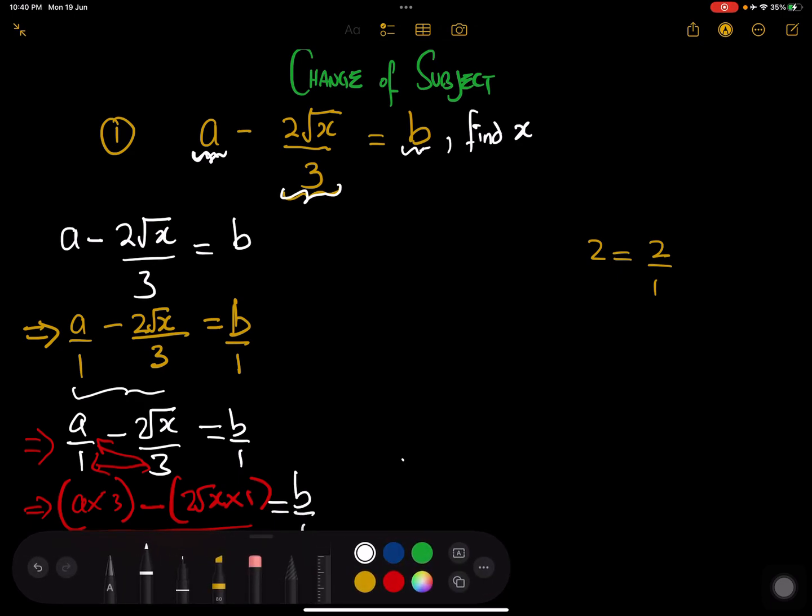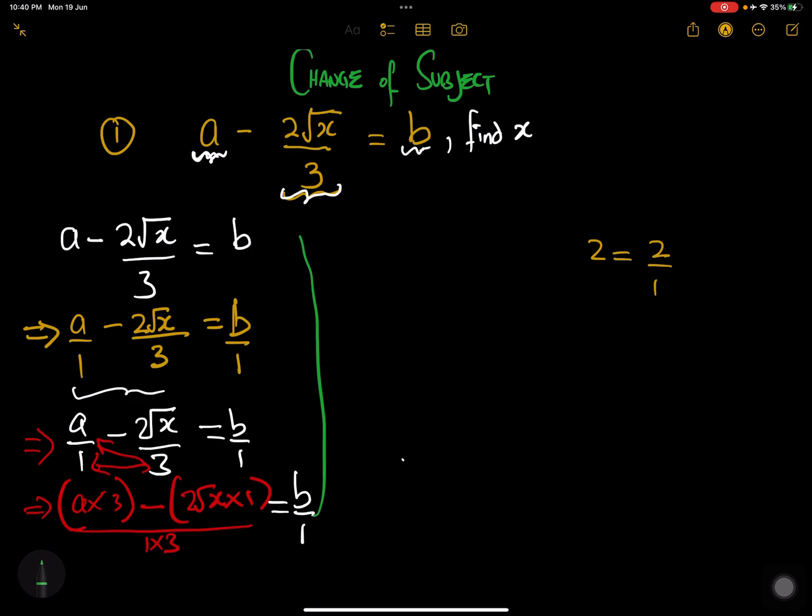All right, let's simplify. So the numerator, a times 3, is going to be 3a, and then this minus will be there, and 2 square root of x times 1 is 2 square root of x, all divided by 1 times 3, which is 3, and it's equal to b over 1.